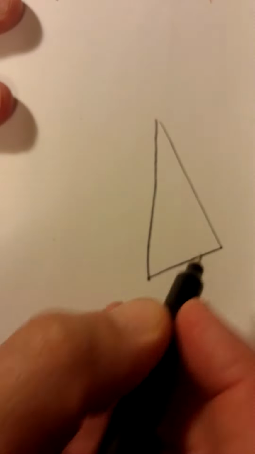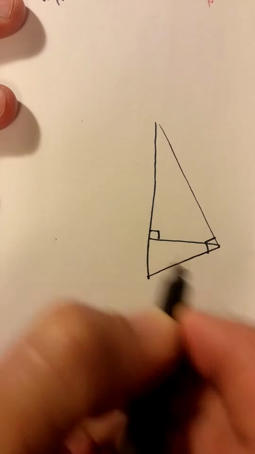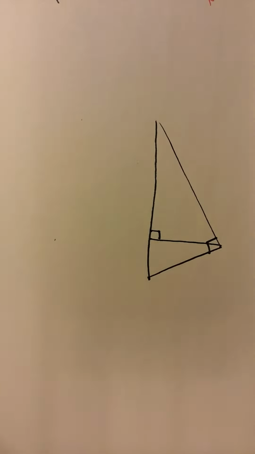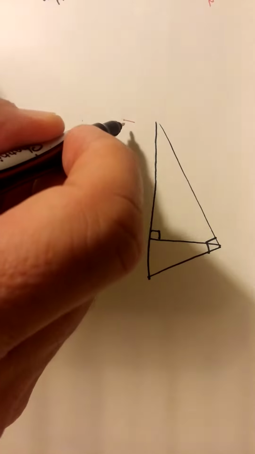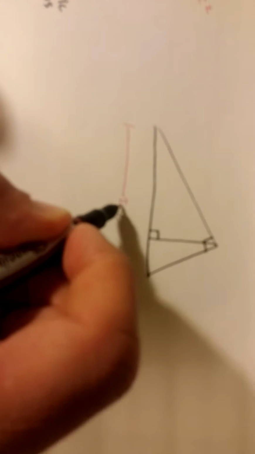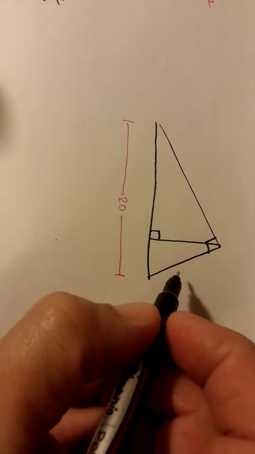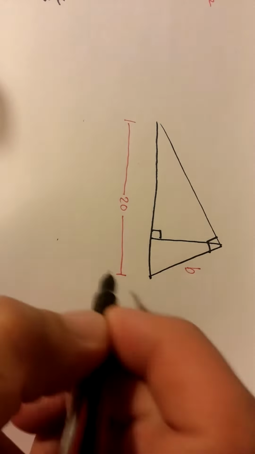Okay. Let's draw our altitude. Let's say that the large length here, this hypotenuse, is 20. Let's say that we don't know what this hypotenuse is, or this short leg for the large triangle is.